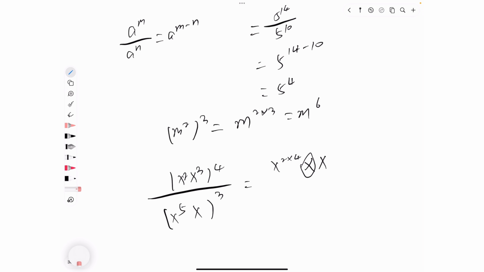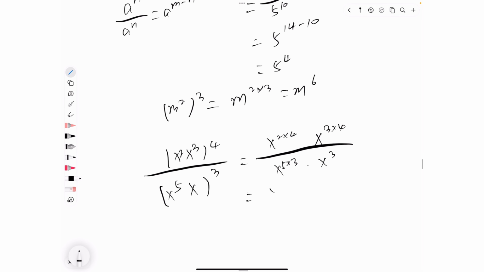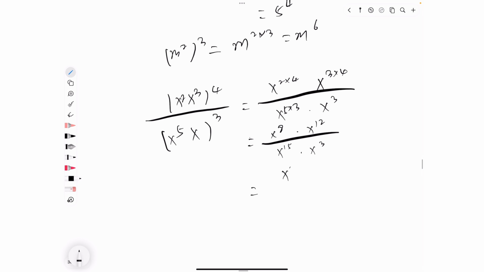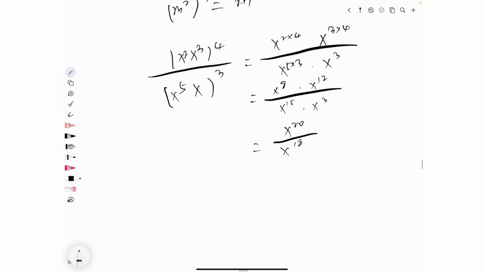We can do that. x to the 3 times 4 divided by x to the 5 times 3 times x to the 3 equals x to the 8 times x to the 12, x to the 15 times x to the 3, x to the 20 divided by x to the 18. That gives us x to the 20 minus 18, which is x squared.